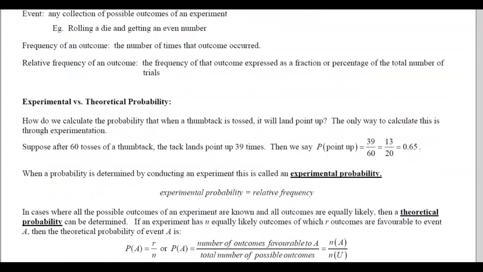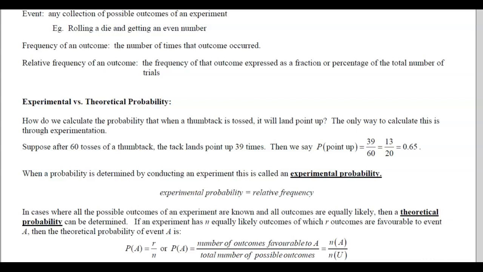Okay, so how do we calculate the probability that when a thumbtack is tossed, it will land point up? The only way to calculate this is through experimentation. Suppose that after 60 tosses of a thumbtack, the tack lands point up 39 times.